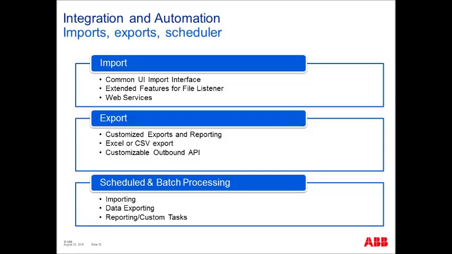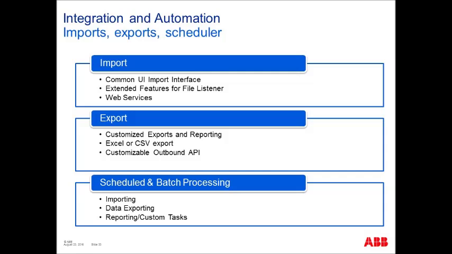You have a file listener where you can just drop files in for your interface or your import, and as long as they're in the right format, they'll get imported into nMarket. And for our SaaS, we'll have the file listener convert those messages to a web service, or you could just do a web service directly if necessary.